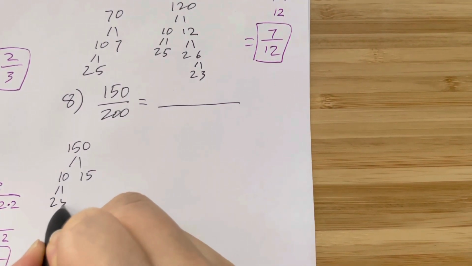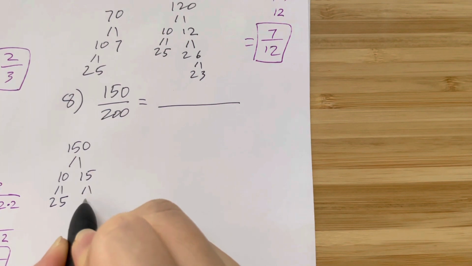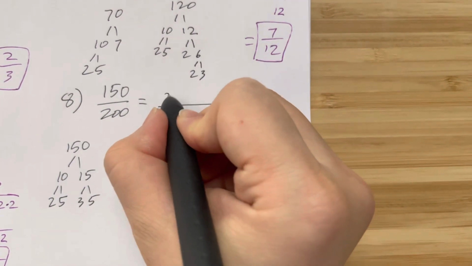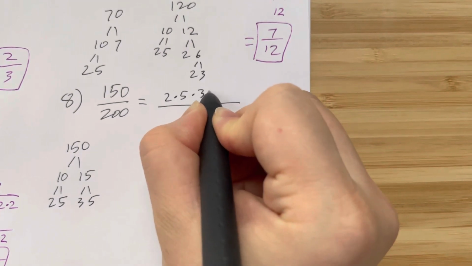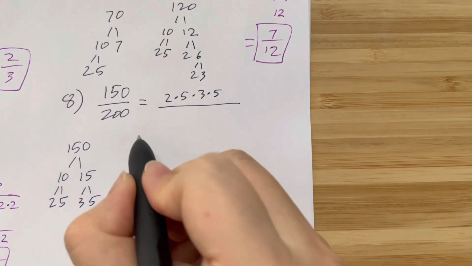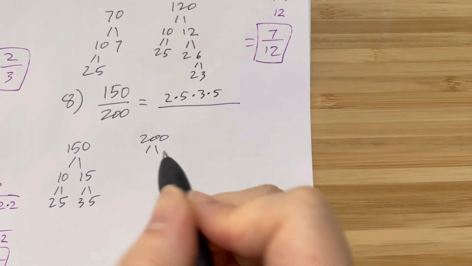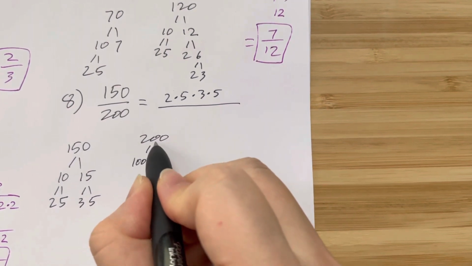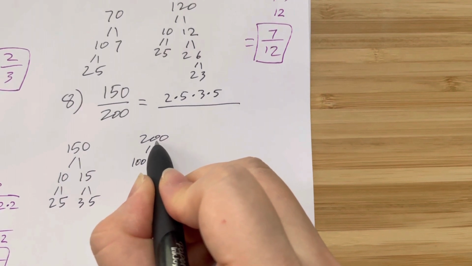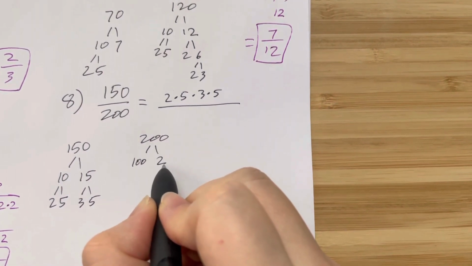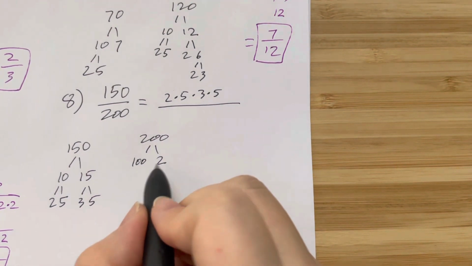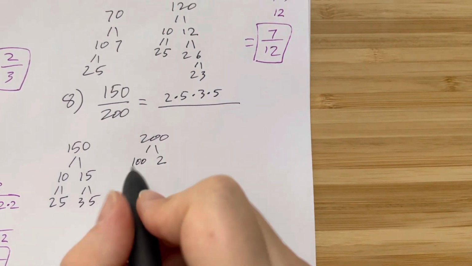The 10 is 2 and 5, and 15 is 3 and 5. So we have 2 times 5 times 3 times 5. For 200, we have 100 times 2. We could write down 10 times 20, or we could write down 100 times 2, which still gets you that 200.